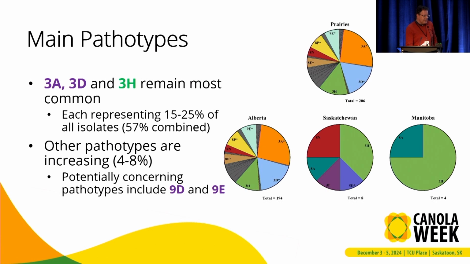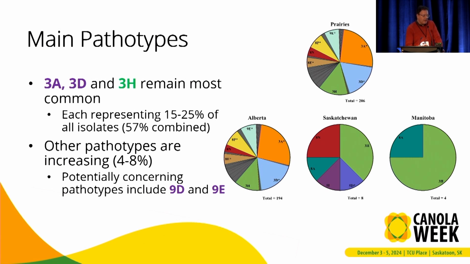As in previous years, we've found that pathotypes 3 and 3D, which are resistance breaking, along with the original non-resistance breaking pathotype 3H, remain the most common. Each represented about 15 to 25% of all isolates tested per year, and more than half of all isolates, 57%, when you combine those 3 pathotypes across the 3 years.